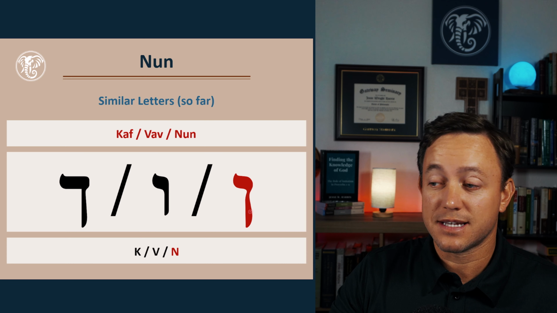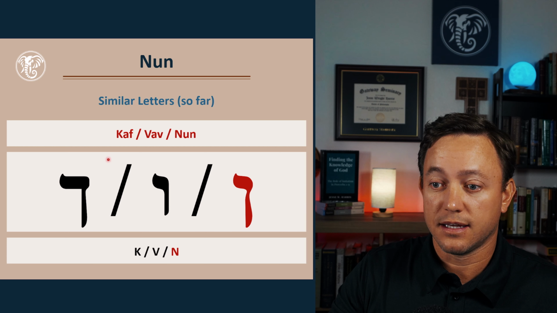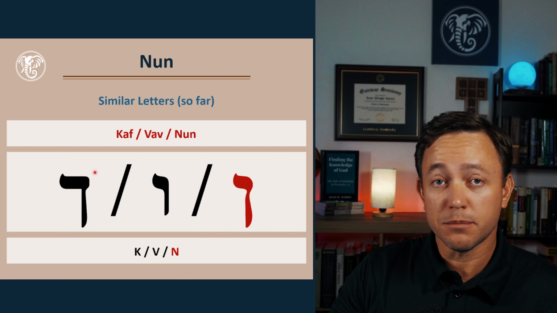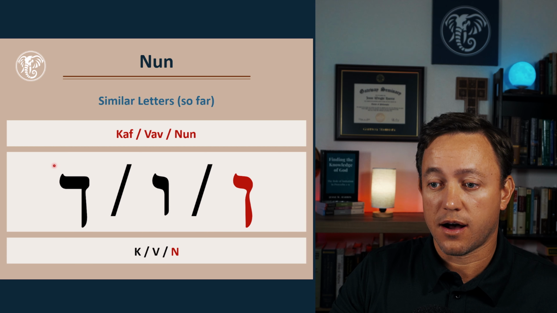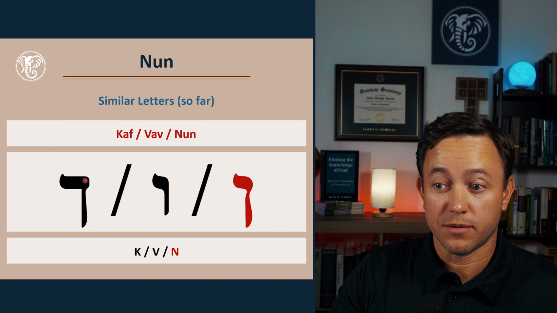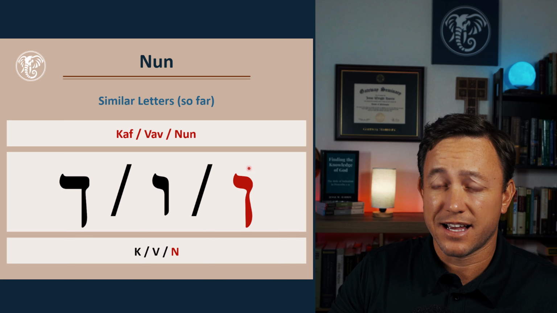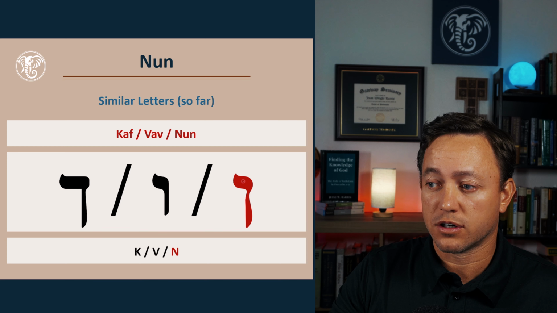And so if you see this at the end, you may be tempted or just tricked into thinking it's one or the other. But you'll notice that in the final kaf, this top part is very key and central to the actual form of the letter. Whereas for this final noon, it's really more of a stylistic, kind of fancy crook on the top.